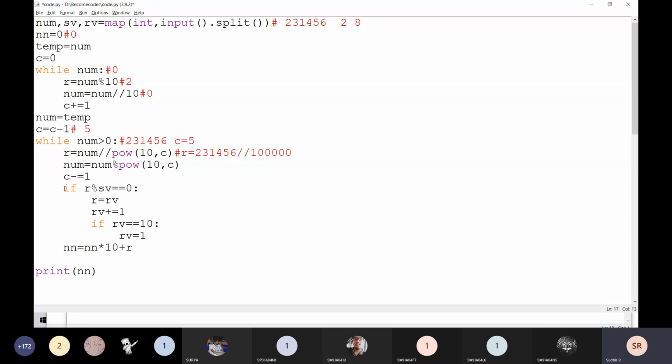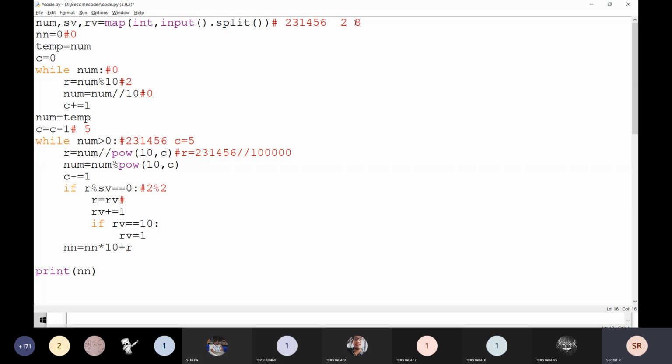Then after that, I am going to check the digit. For example, the first r value is going to be 2. Is 2 divisible by 2 or not? Ashok, is 2 divisible by 2? Yes, sir. Yes. Then I am going to replace the r value with RV.